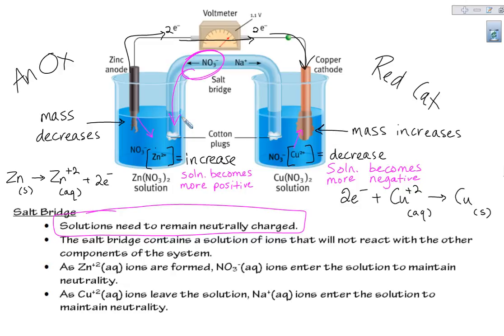On the opposite side, as the solution becomes more negative because I'm losing copper ions, the sodium ion in the salt bridge will diffuse into the solution. It's totally a spectator, so it's not going to react with anything, but it helps to keep the solution neutral. That's the purpose of a salt bridge. Keep the solutions neutral so that we can keep the electrons flowing through the system.